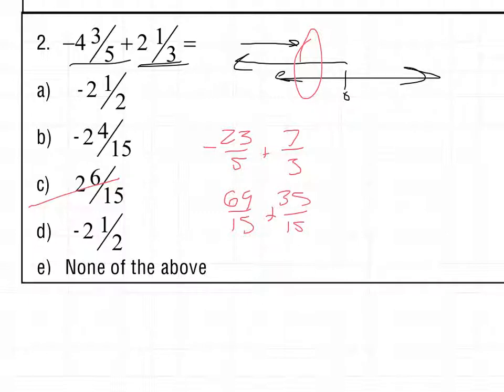Again, opposite signs, so we're going to subtract these absolute values. 69 minus 35 is going to give me 34. Again, keeping an eye on our arrow diagram up here, we're going to end up with a negative answer, negative 34 over 15. That converts to negative 2 and 4/15.